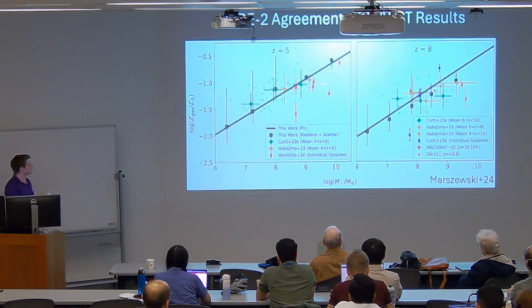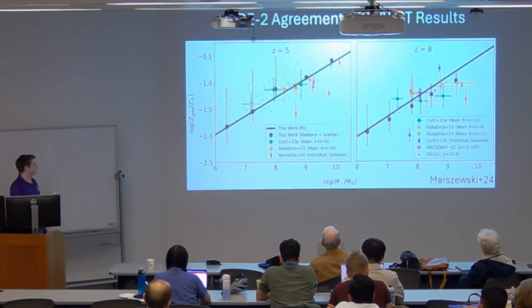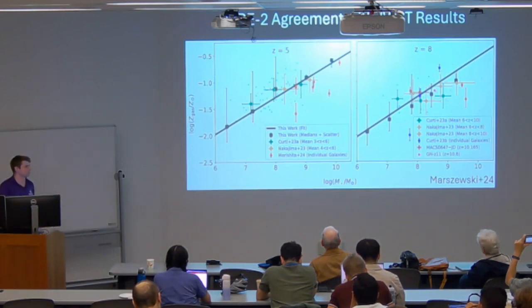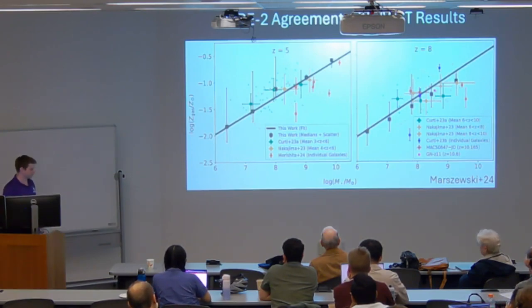So the individual circles are individual galaxies that have been observed, but more important for comparison are the binned means presented in these Curti et al. and Nakajima et al. papers shown in green and in orange. And what you can see is that pretty much all of the binned means in both of these redshift panels fall very close to our best fit line. And so we can preliminarily say that we are finding really good agreement between observations and the FIRE model, at least from a normalization of the MZR perspective.